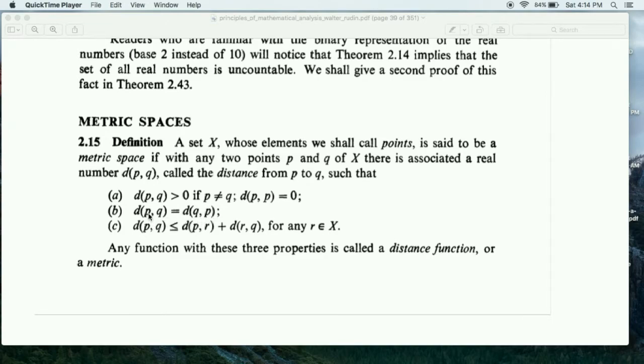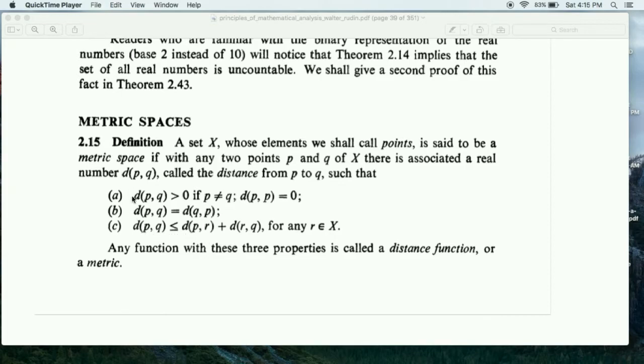The distance between two points does not change when we move from the first point to the second point, or the second point to the first point. And it has a triangle inequality. That is, the distance from P to Q is always less than or equal to the distance from P to R plus the distance from R to Q for any R in this set X. So any set with these three properties is called a metric space.